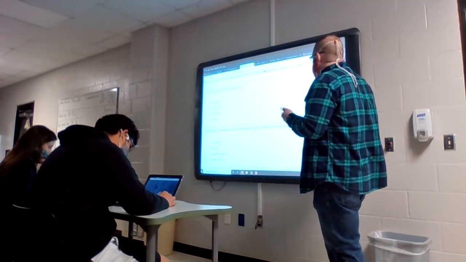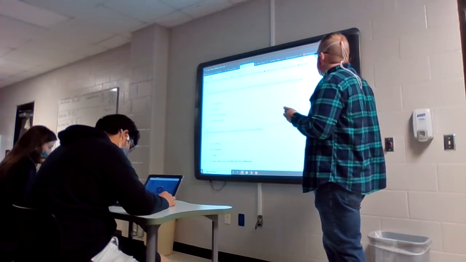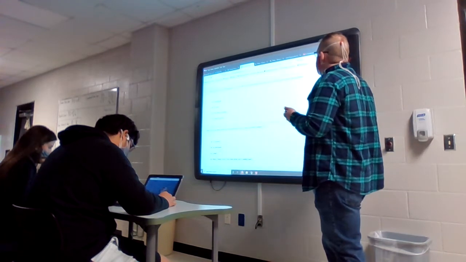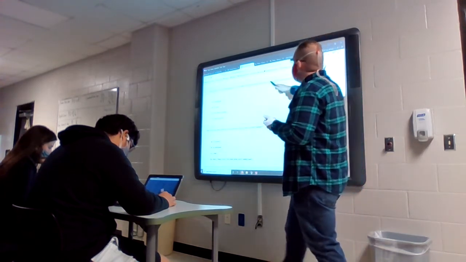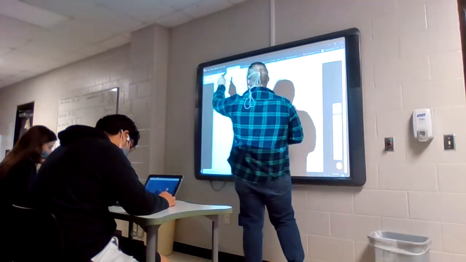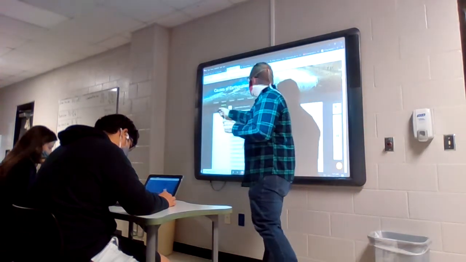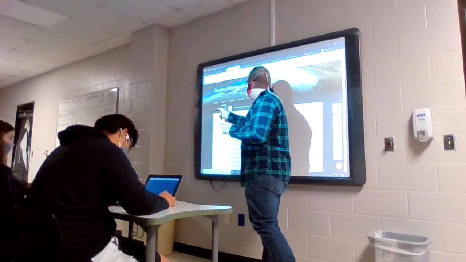Let's see. A fault consists of 2 fault blocks separated by a fracture called a fault plane. What is the name of the fault block above the fault plane? I believe they may not actually have that detailed. We went over that before in class, but I don't know if they have it here. Let's look and see.